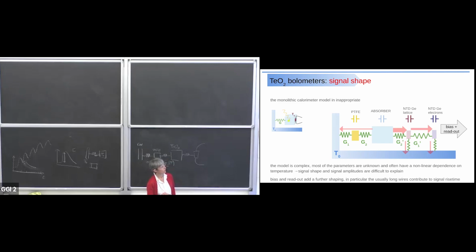Then you will lose a fraction of the heat through the conductance of the lattice toward the heat bath through the wiring. And again, you would like this to be very small because you want to heat the electrons, because here in the electrons you have the production of your signal that is read out by the electronics.